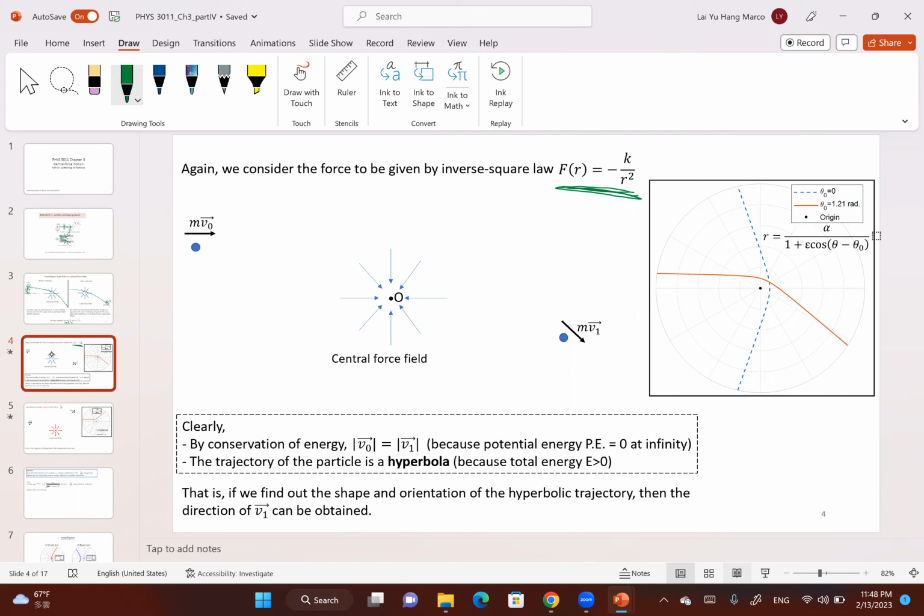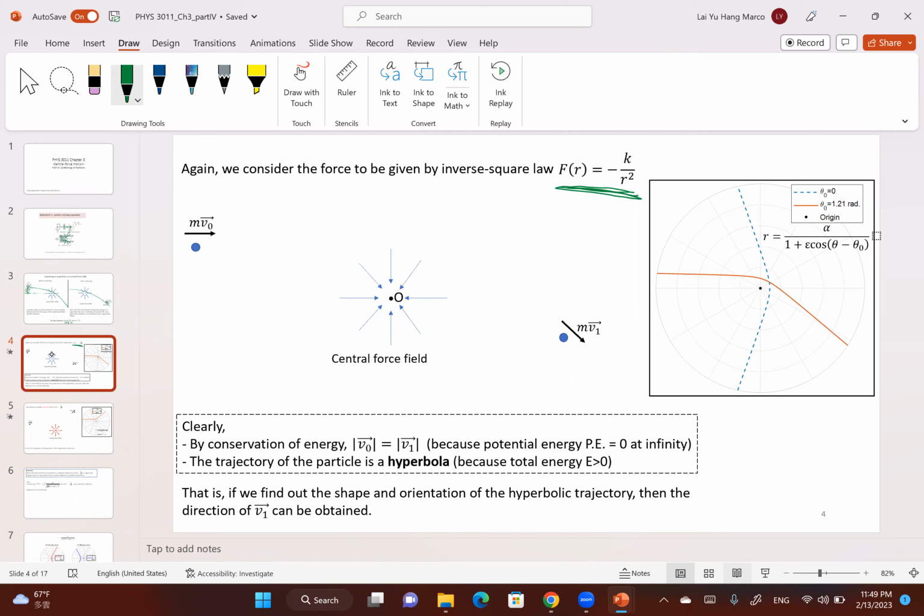So in this case, we know that the trajectory of the particle is a hyperbola because we are having a positive energy. Initially the particle has zero potential energy and it has some finite kinetic energy.